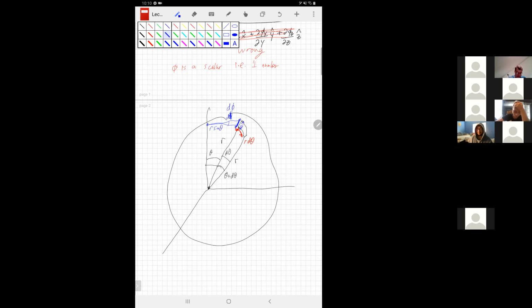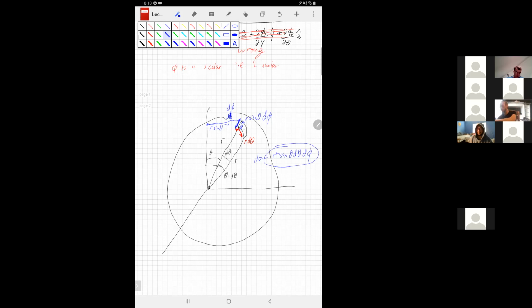So this distance here will be r sine theta d phi. And when you put them all together, you get that dA is equal to r squared sine theta d theta d phi. So whenever you're integrating in spherical polar coordinates, your element of area is this.